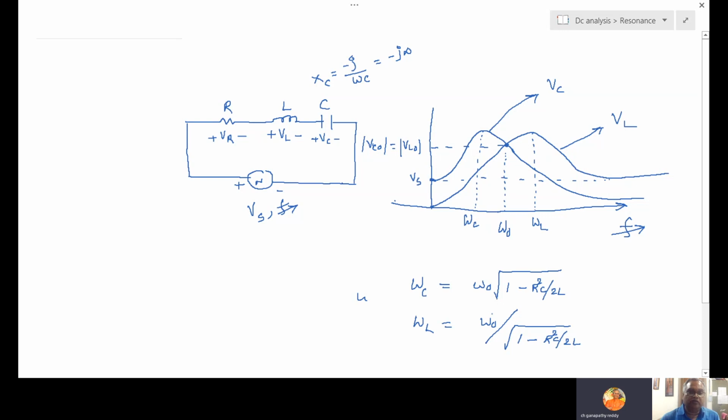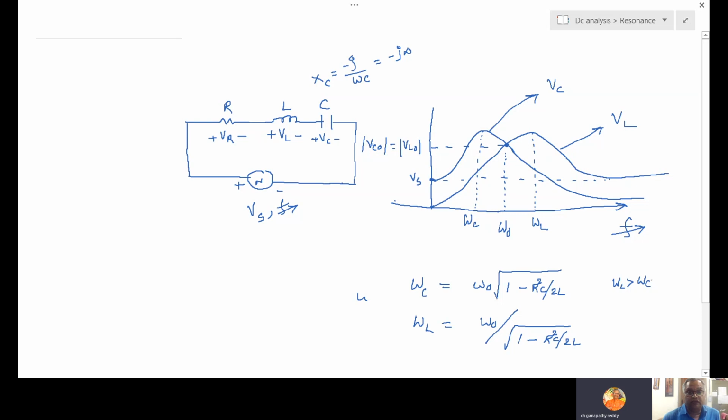So both are the same, multiplied here, divided there. And omega L is greater than omega C, obviously. The derivation part is not so important. I am not doing the derivation. Just remember the omega C formula and omega L formula.